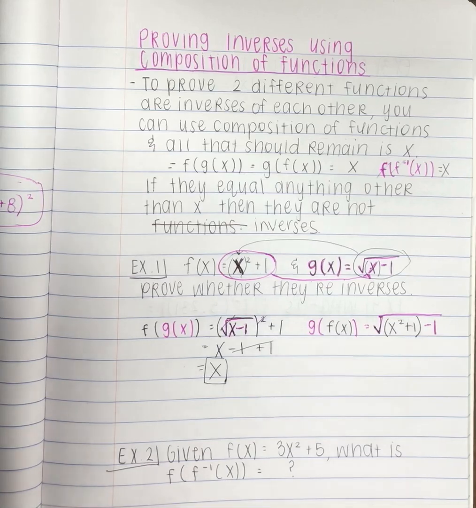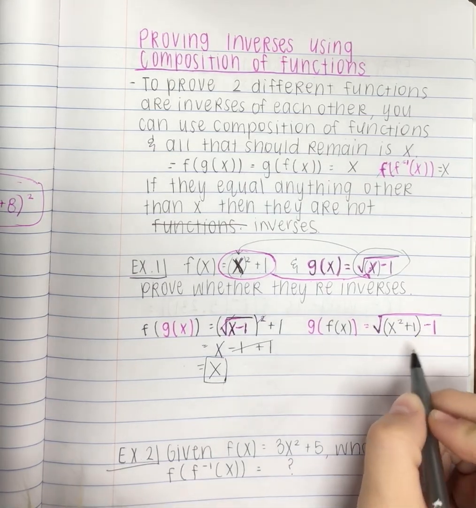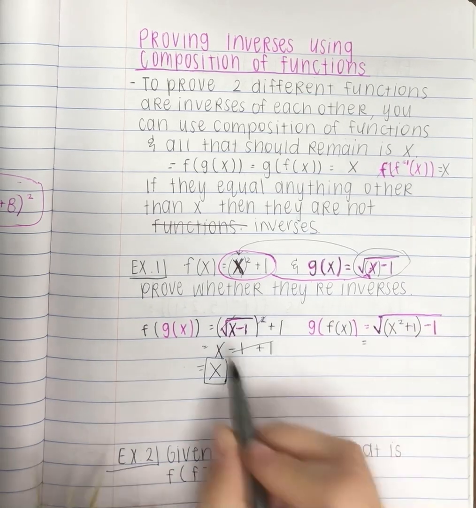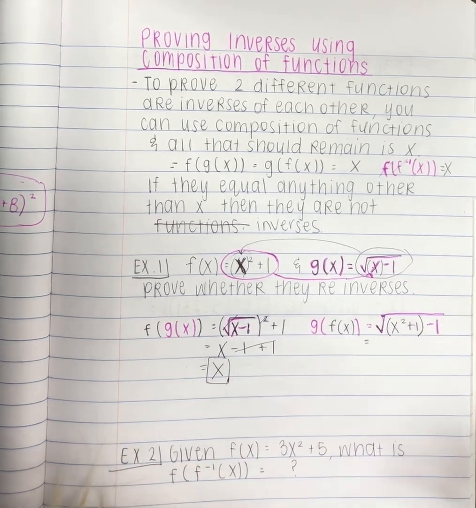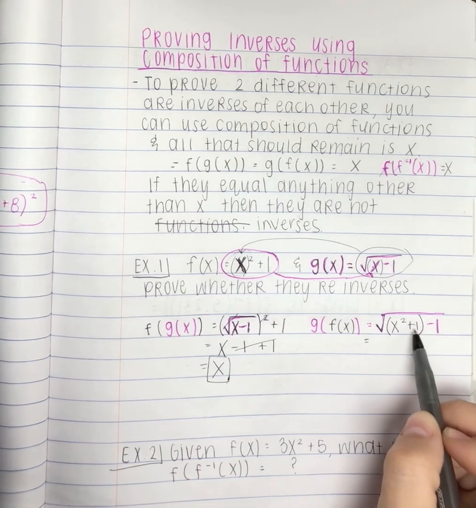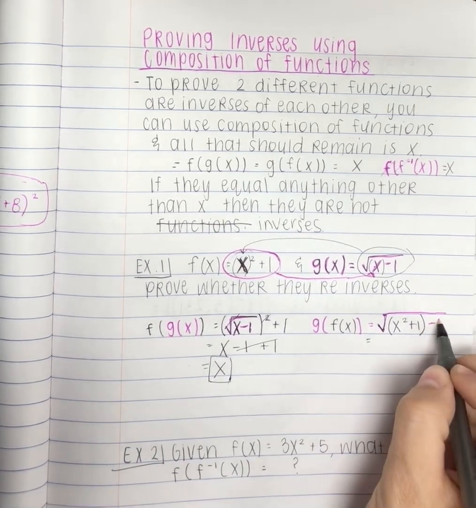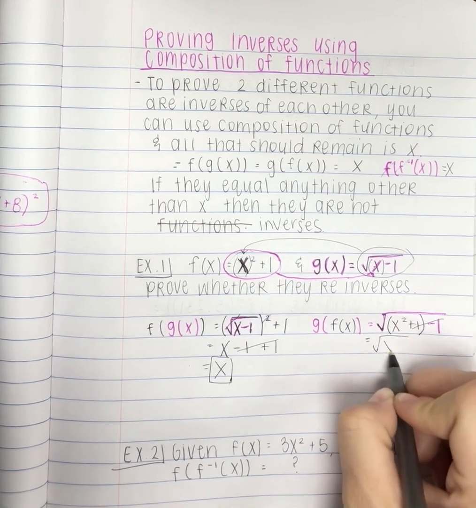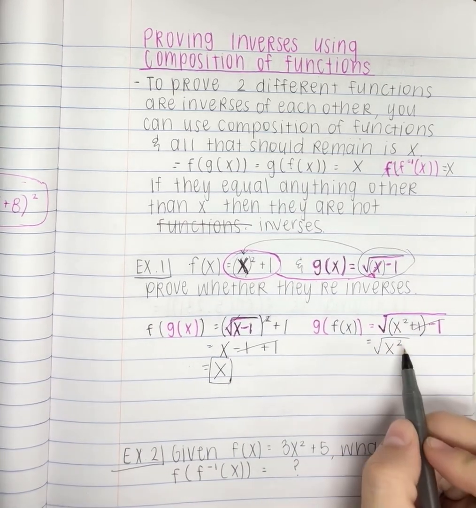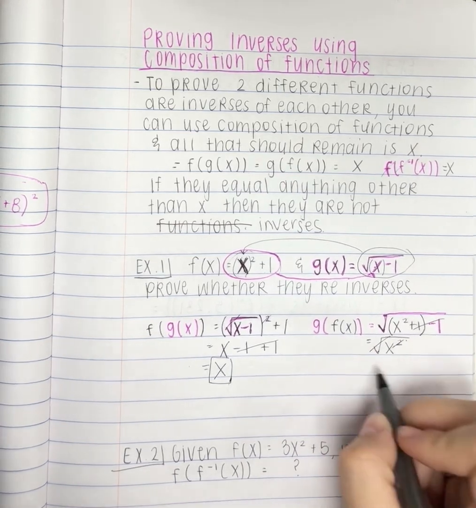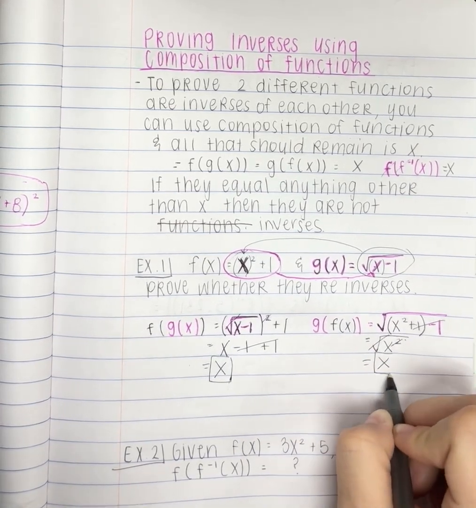And then we want to simplify. These are all under a square root. It's not like over here where I have my square root squared and then we cancel each other out. What I do have is a plus 1 minus 1, and like we saw over here, 1 minus 1 is 0. So we're left with the square root of x squared. Well, you know squaring and square root are opposites that cancel out, leaving you just x.